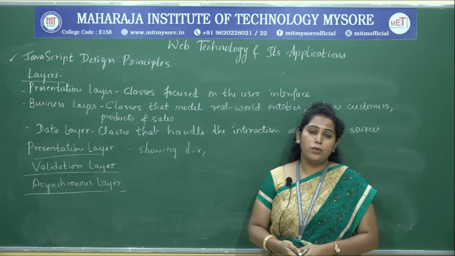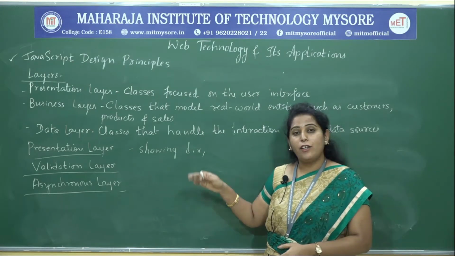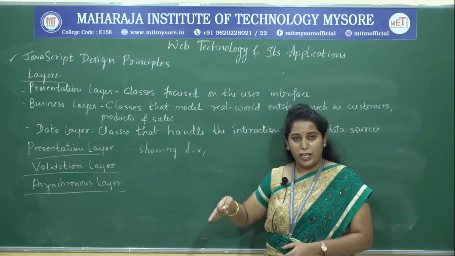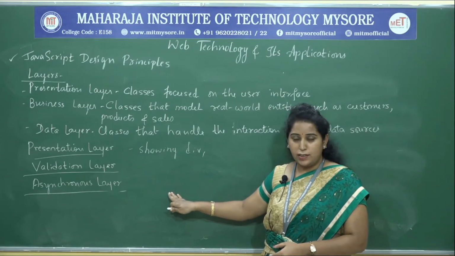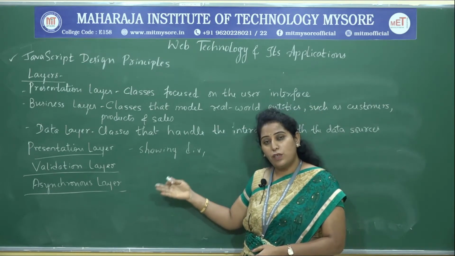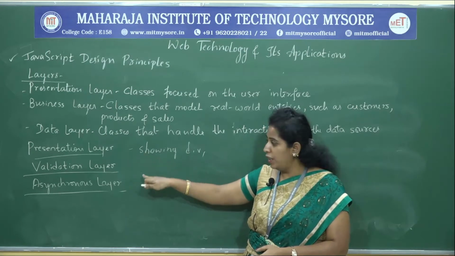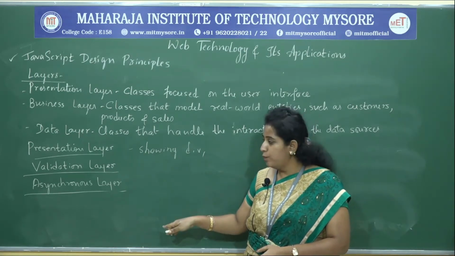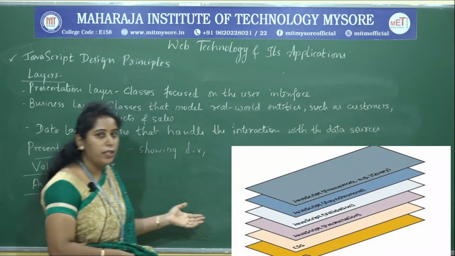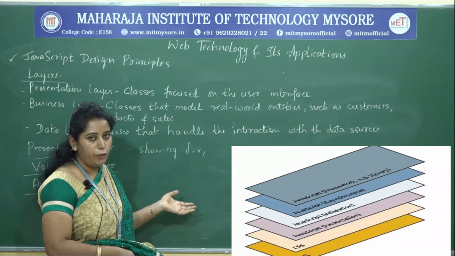How it achieves this is that it can route the request to the server in the background. Okay, so that is the asynchronous layer. We can say it is an advanced version of the presentation layer and the validation layer. So now you can look into the figure to see how the different layers can be viewed.